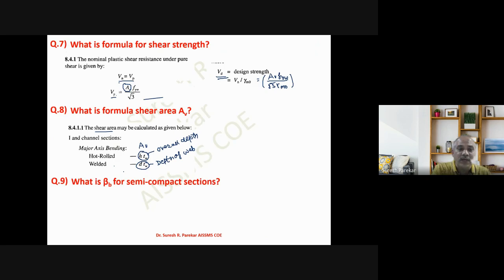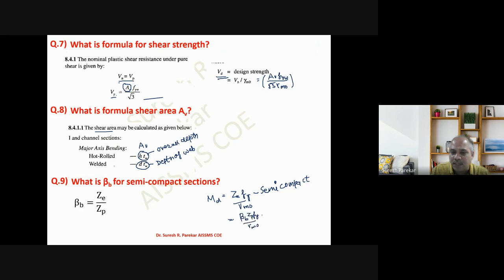Then what is beta b for a semi-compact section? We have Ze upon Zp, and therefore your value of Md becomes Ze Fy upon gamma m0 for a semi-compact section. Why? Because we have the formula beta b Zp Fy upon gamma m0.